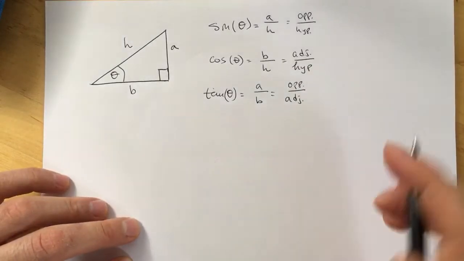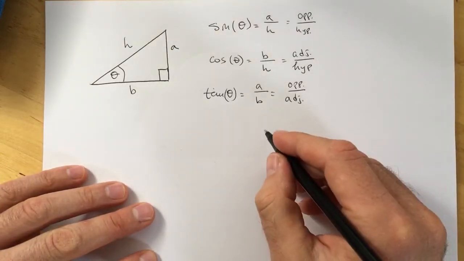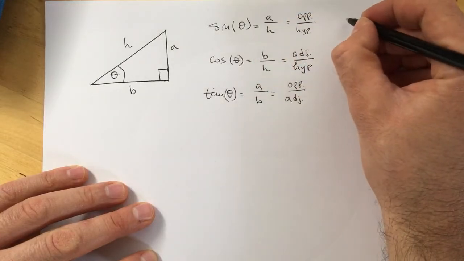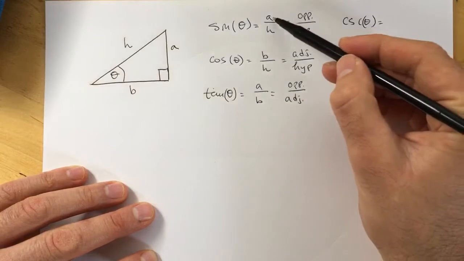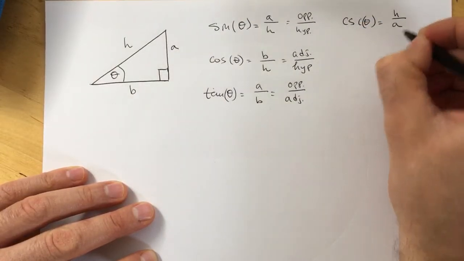Okay. To these three trigonometric functions, we define their reciprocals. So the reciprocal of sine of theta is cosecant of theta. The reciprocal of A over H would be H over A, which is the hypotenuse over the opposite.